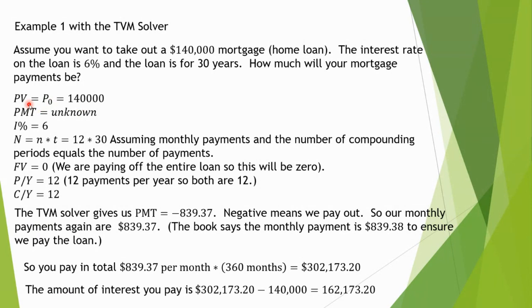There's our PV, which is really the same as P sub 0. You remember I did present the notation last time. PV again is present value, which is $140,000. That's the loan we want to pay off now. We're looking for PMT, so that's going to be unknown.